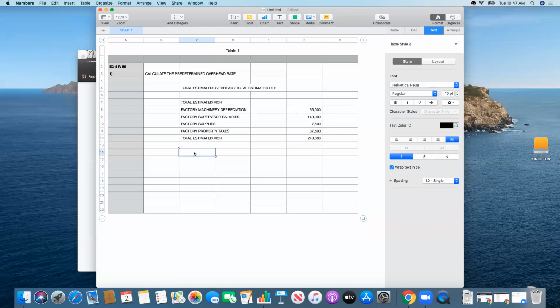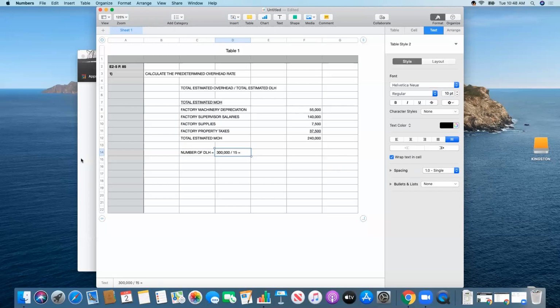Now, let's calculate the number of direct labor hours. To do that, we want to take the total direct labor, which is 300,000, and divide it by the rate they told us, $15 an hour.